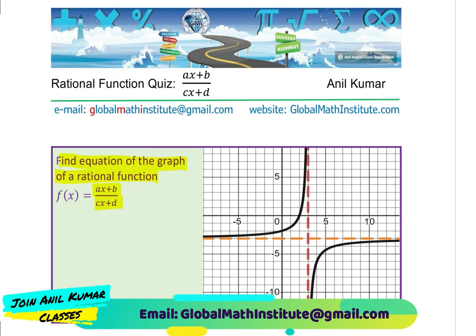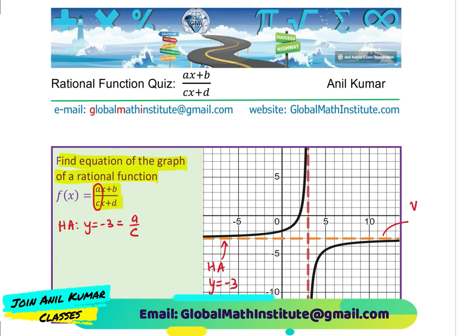So one of them is horizontal asymptote, which in this case is y equals to minus 3. Now, horizontal asymptote is ratio of a and c, right? So y equals to minus 3 should be equal to a over c. You see that?